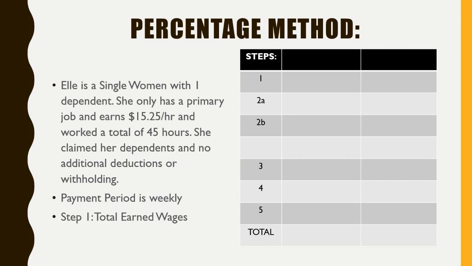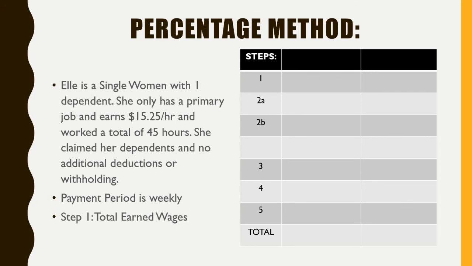So our example is that we have L. She's a single woman with one dependent, and she only has a primary job. So therefore, step 2 is automatically eliminated. She's obviously filing for single as well.